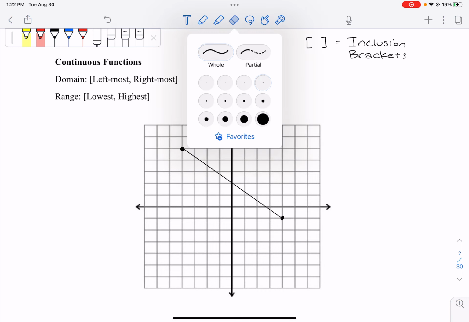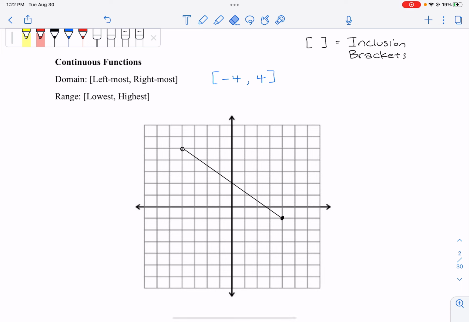Now, let's say I had something a little bit different over here, and I had a hole in both of these. What this tells us is I can get as close as I possibly can to -4, but I will never hit -4. I can get really close, so -3.9999999 is a point there, but I can't actually hit -4.